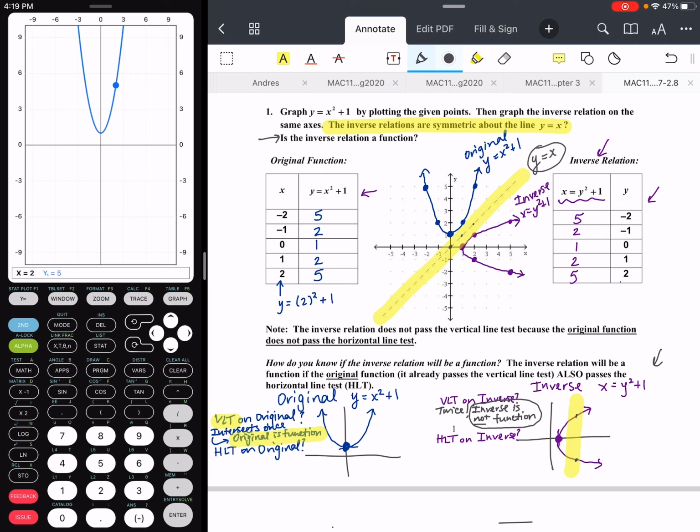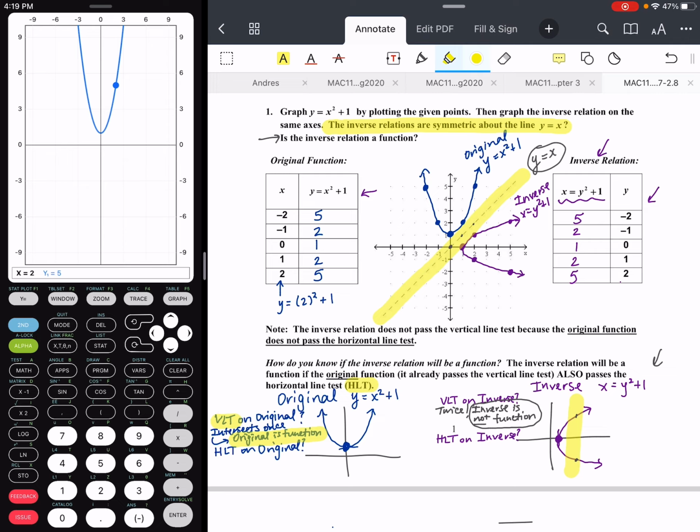Is there another way that we could determine whether the inverse relation will be a function? And the answer is yes, and it's something called the horizontal line test. So the HLT, the horizontal line test. What the horizontal line test does is it's kind of a predictor. It's a little bit of a crystal ball.